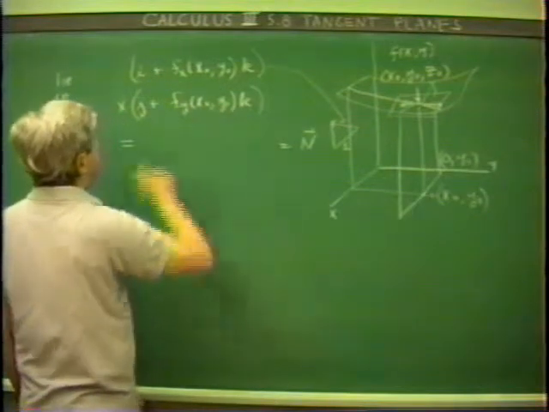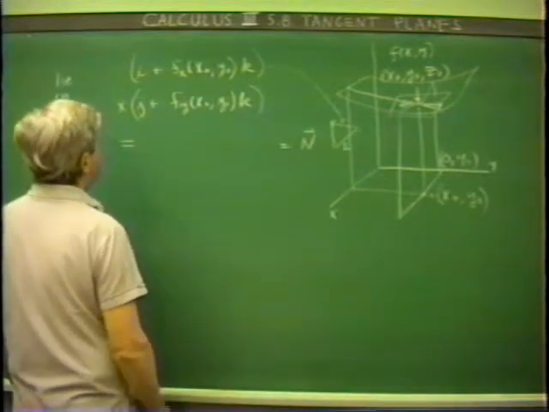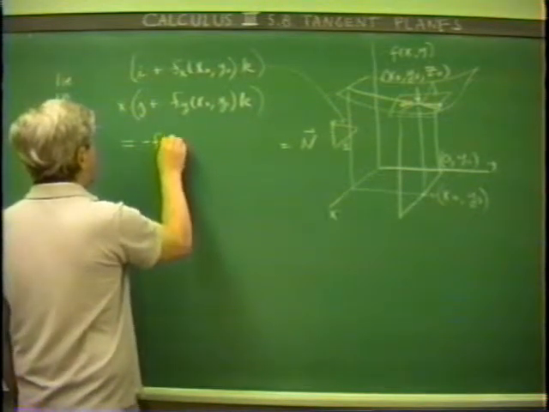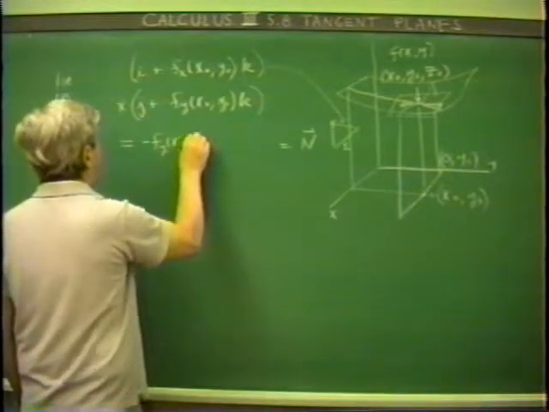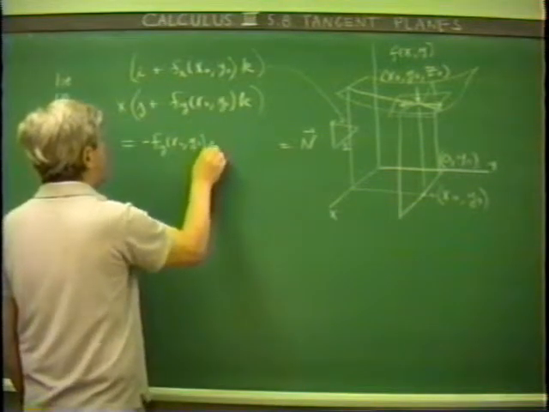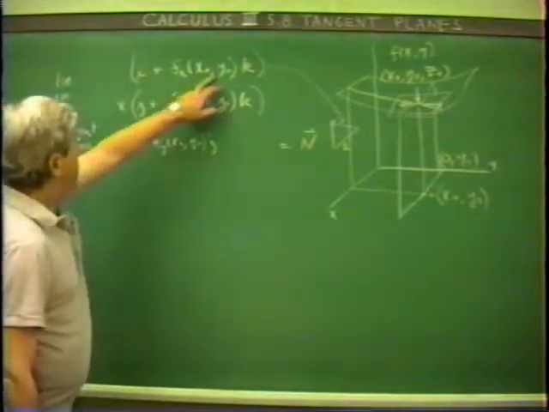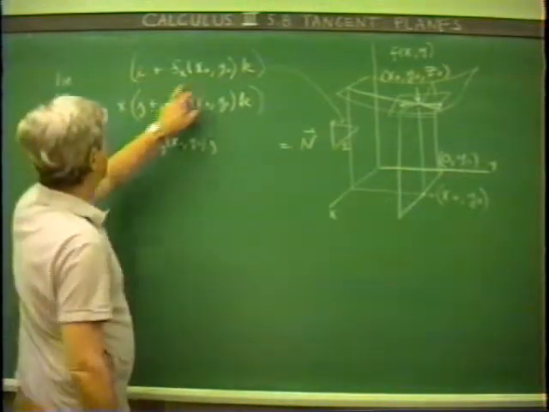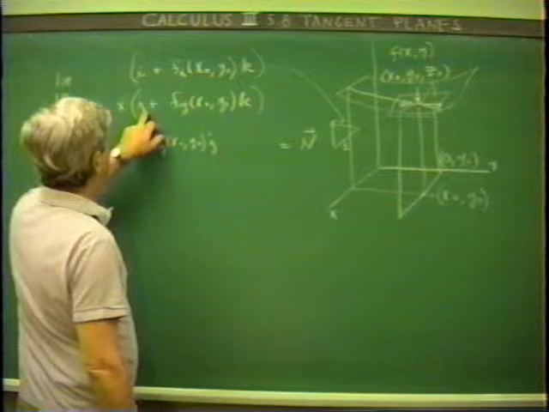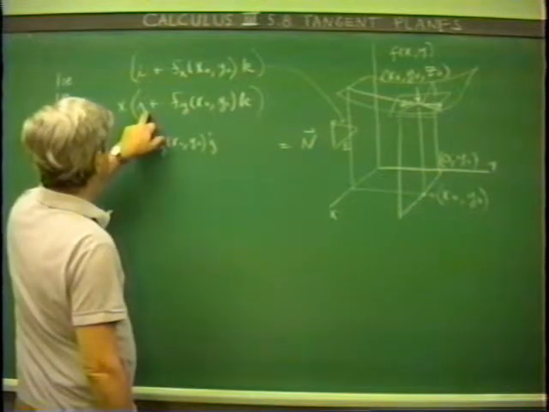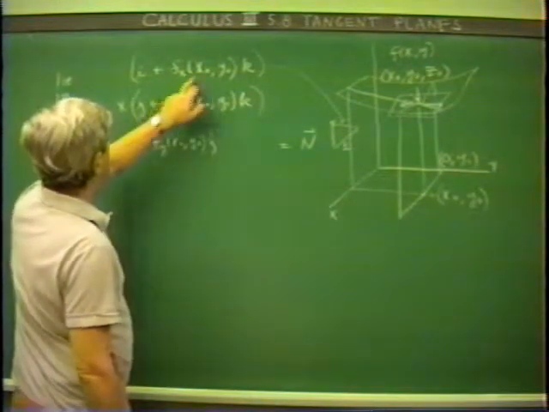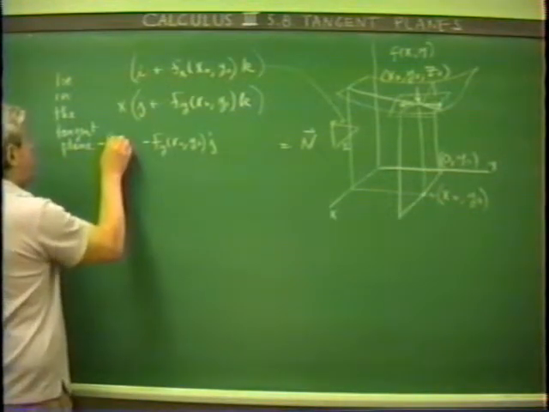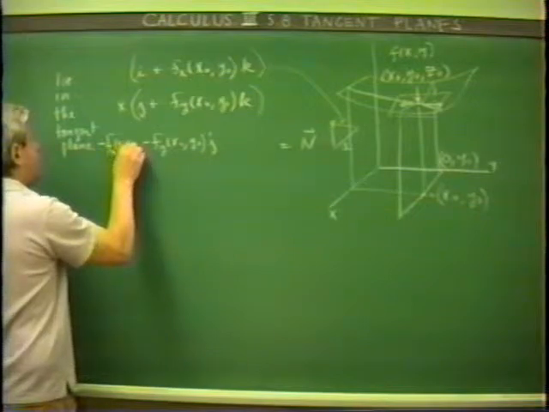Okay, what does this cross product look like? Well, i crossed with k, right, is minus j, so it's minus the partial with respect to y at x naught, y naught times j. Okay. k crossed with j is minus i.